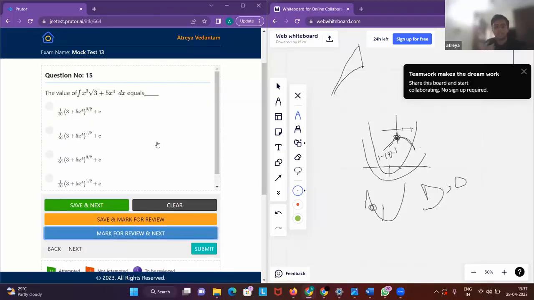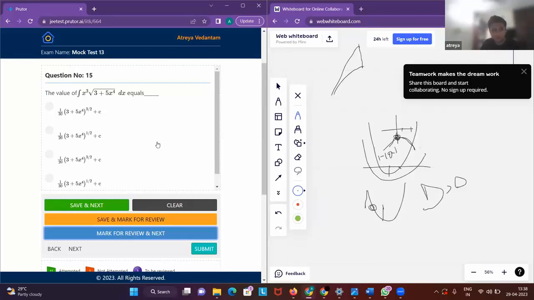Okay. This is a very easy question because the derivative of what's inside the square root is really just what's outside the square root times a constant. So if you let 3 plus 5x^4 equal t, then dt is simply 20x^3 dx, right?